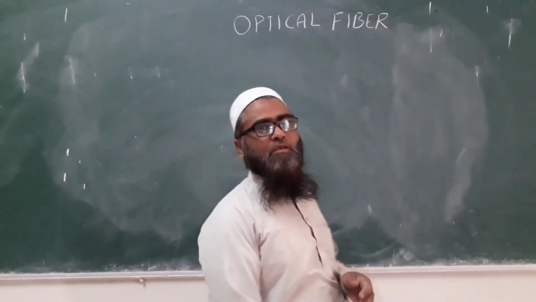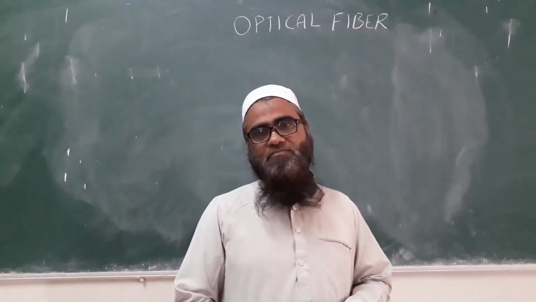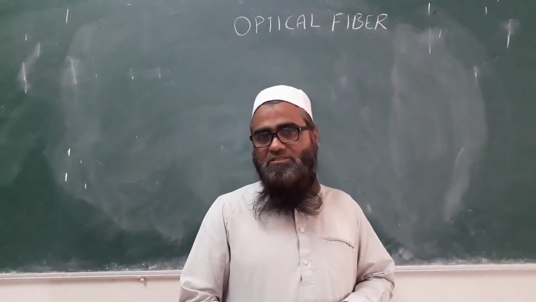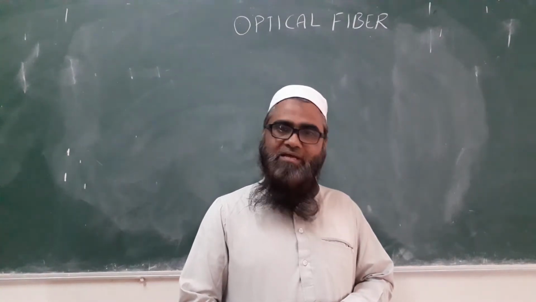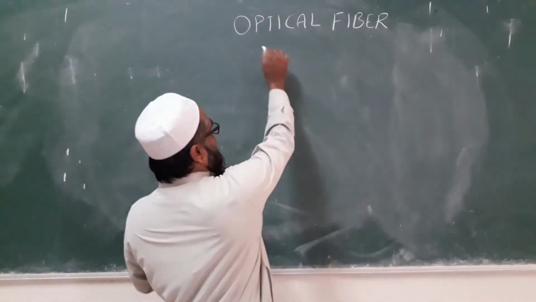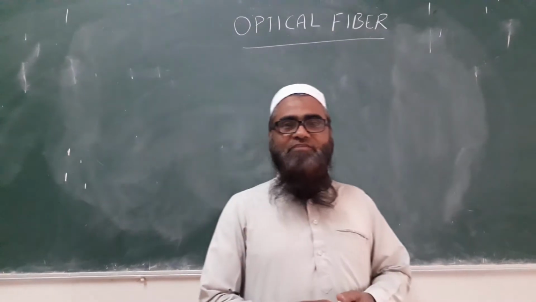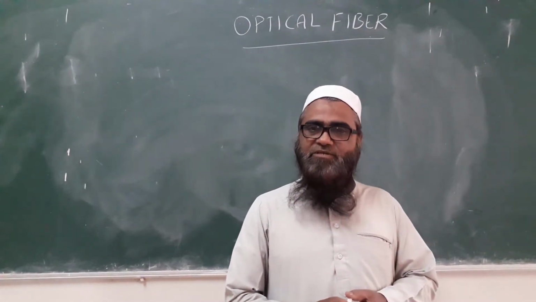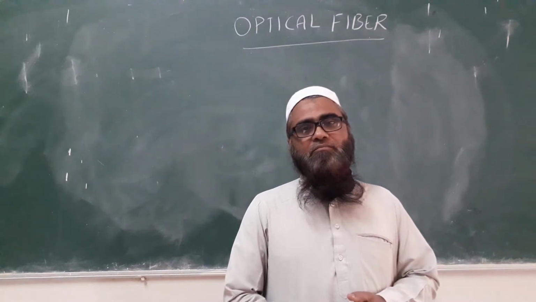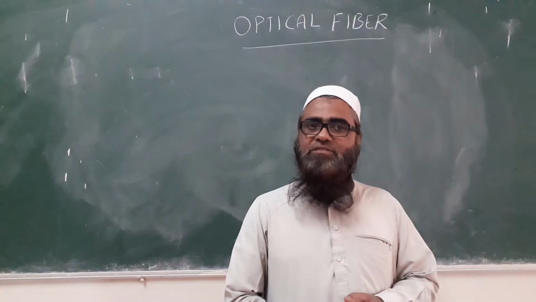The name optical means it is light. Fiber is generally plastic, or a combination of plastic and glass. So optical fiber is a cable which is used for the transmission of light by using the principle of total internal reflection.